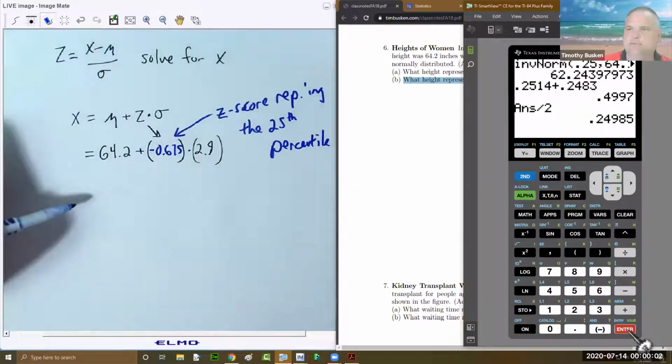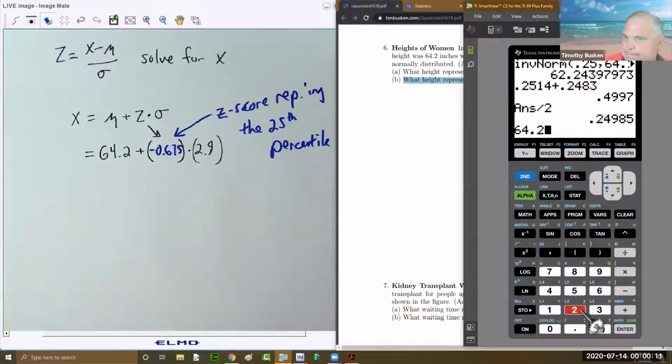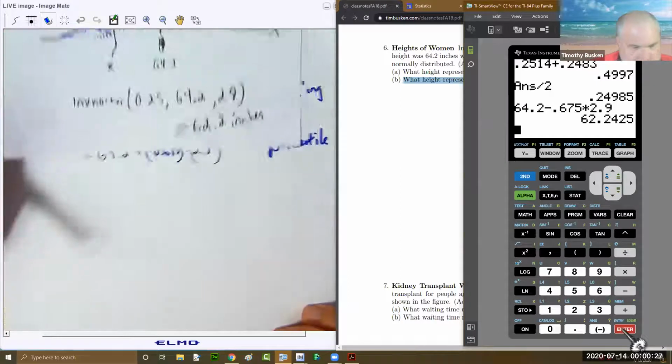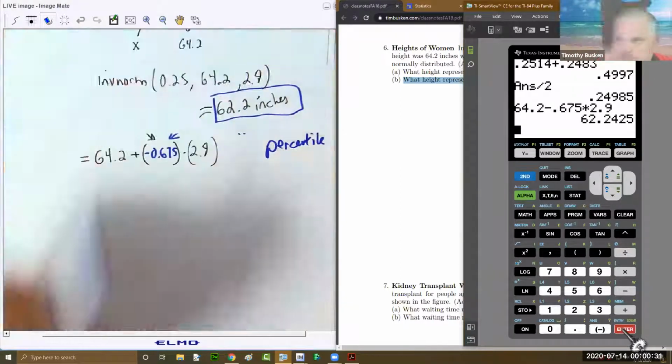All right, so let's run that through and see if we got an answer that's similar to what we got using inverse norm. And you can see there we're getting the same answer as before, 62.2 inches.